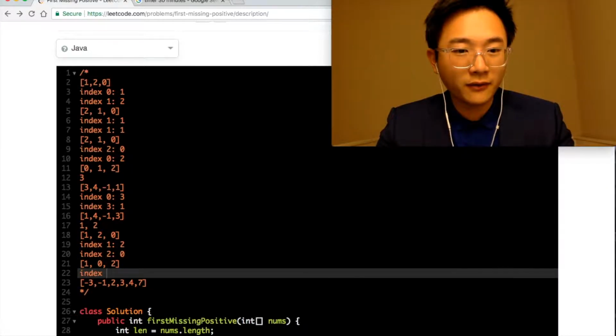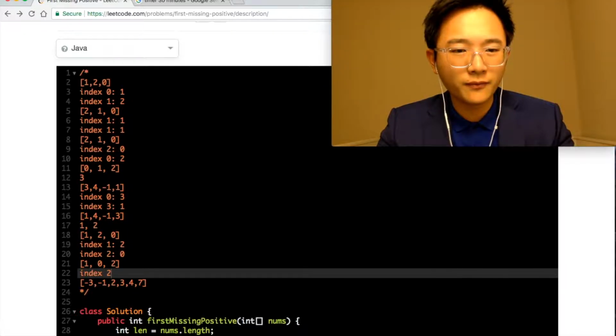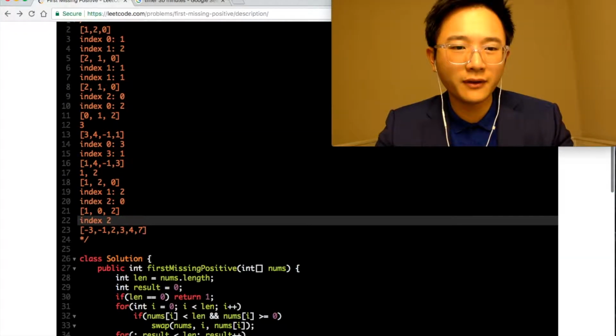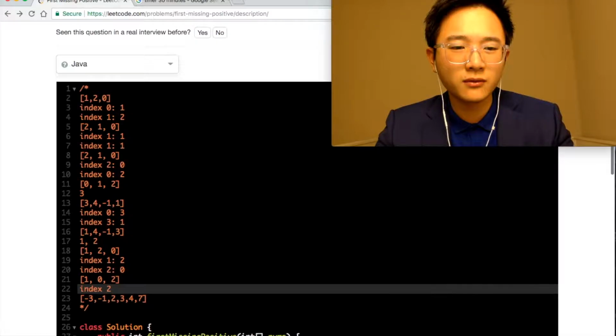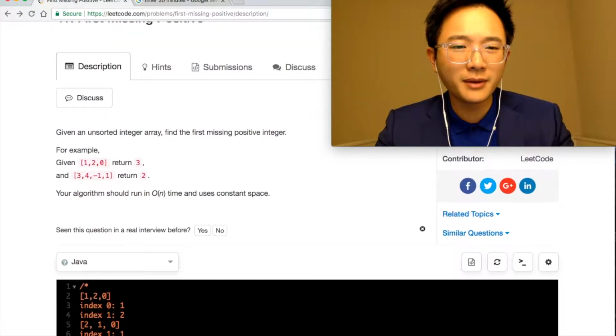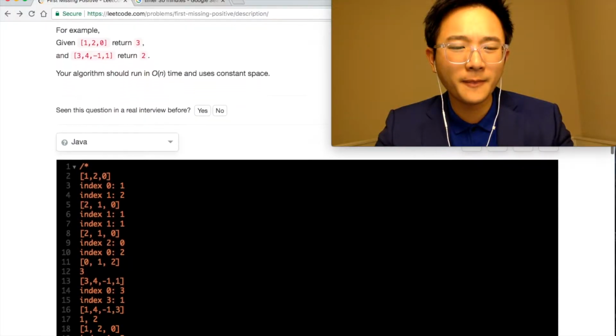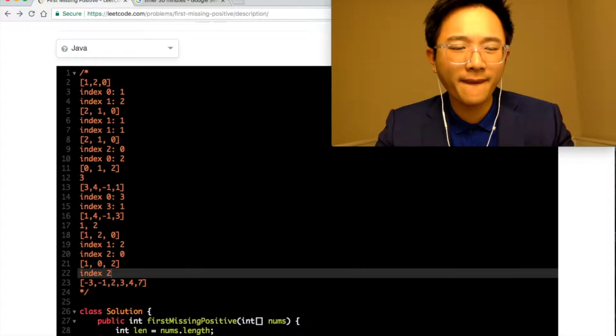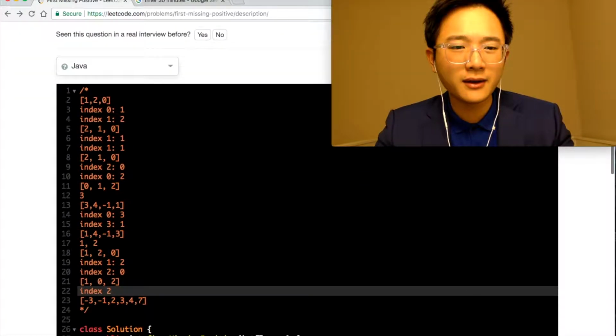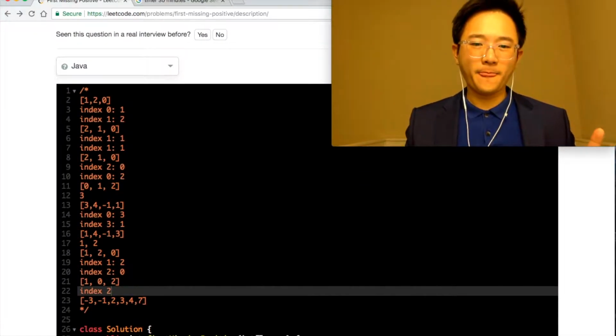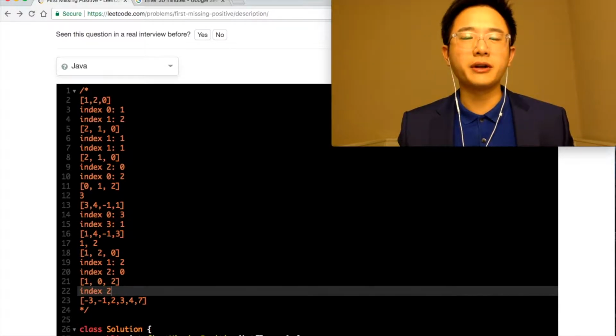So we have index 2 at 2, so 1, 0, 2. So the answer is 1, 2. The first missing is 2, but it should be 3. Okay, so I feel like if it's 0, we should ignore it, right?